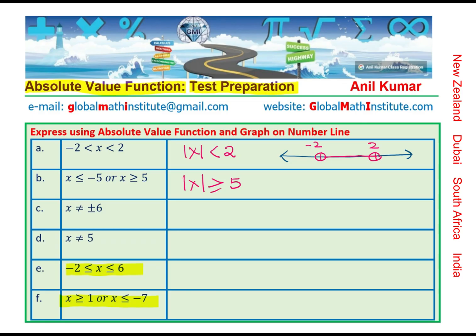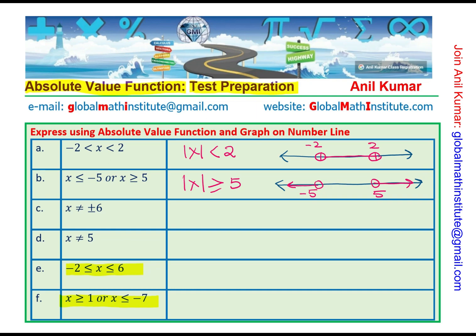In this particular case, on a number line, the arrows are pointing away from the numbers -5 and 5. Makes sense? Since it is greater than or equal to, they will also be filled in. So when we fill in, we include the numbers at the boundary. Perfect. So I think to begin with, these two are straightforward, which give you the definition of absolute value function.